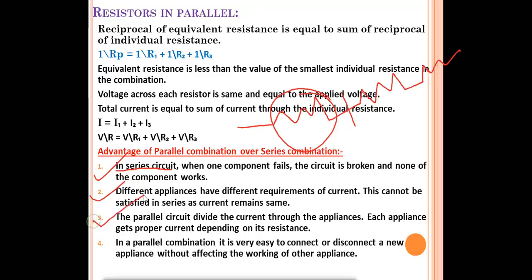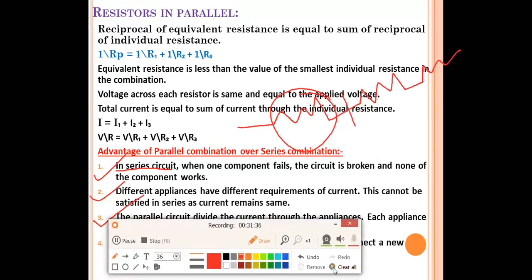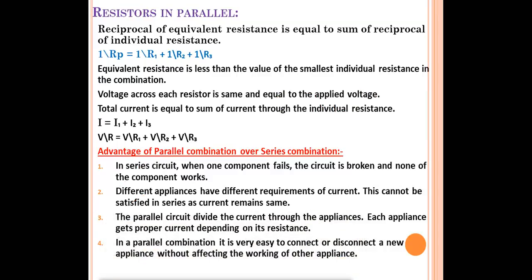Next, in parallel combination, it is very easy to connect or disconnect a new appliance without affecting the working of the other appliances. Suppose we want to connect or disconnect a new appliance, then we can easily do that without affecting the other appliances. So these are the advantages of parallel combination over series combination. This topic is also very important, so you should learn all four points from here.